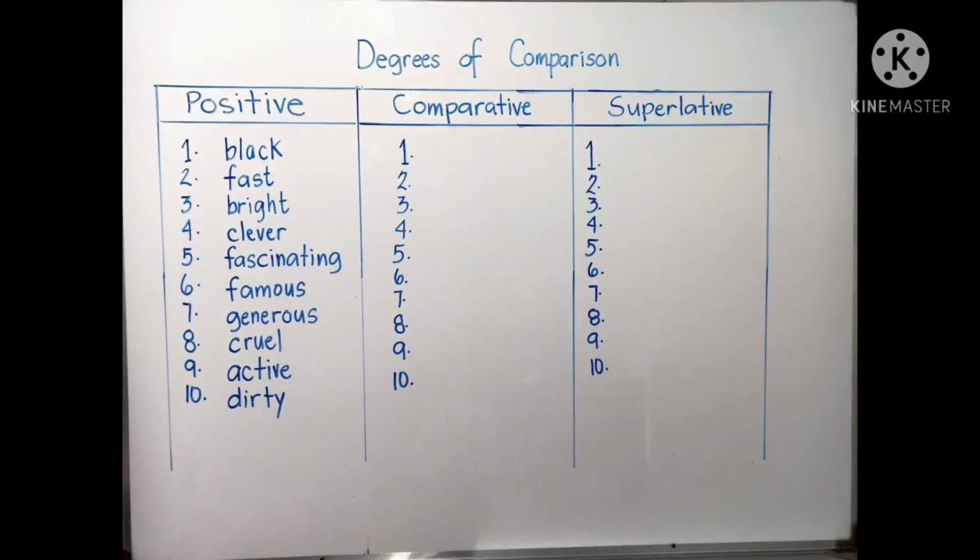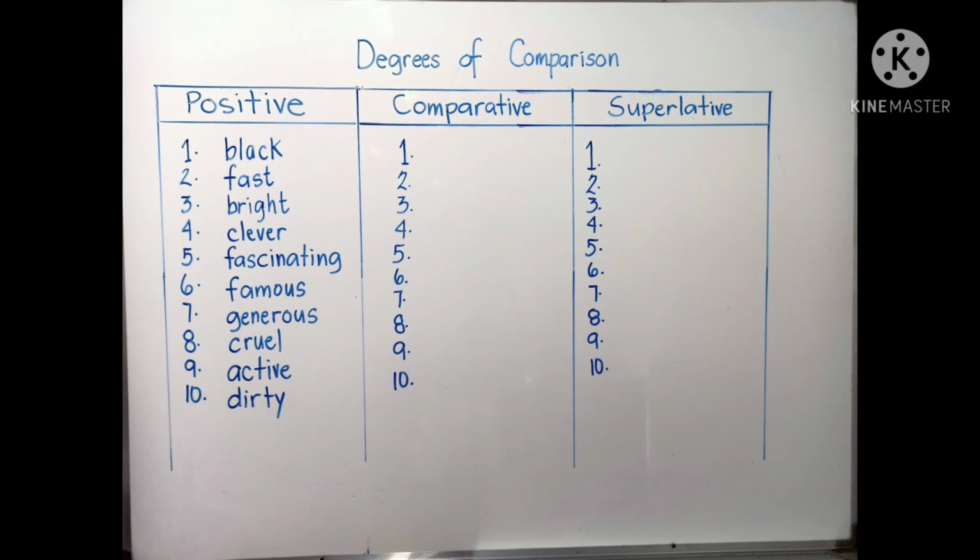Exercises. Students, you can pause the video and copy it in your notebook, and do not forget to write the date today. Directions: Write the comparative and superlative form of the given positive adjective on the board.